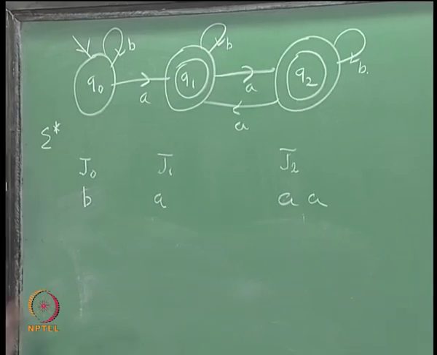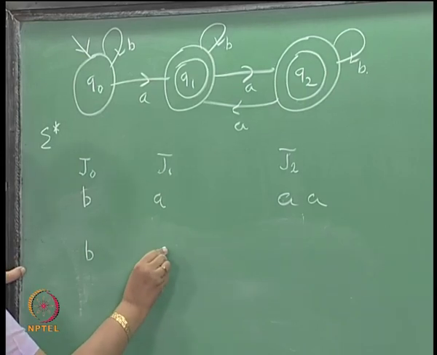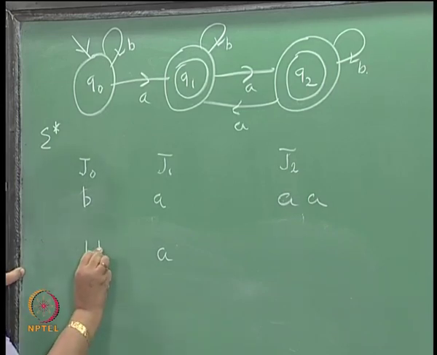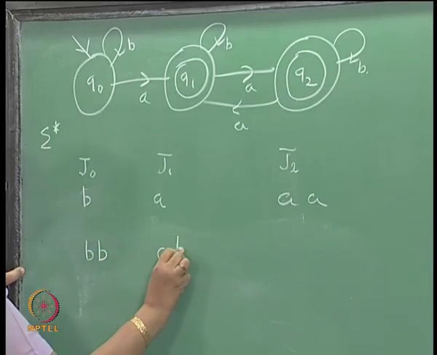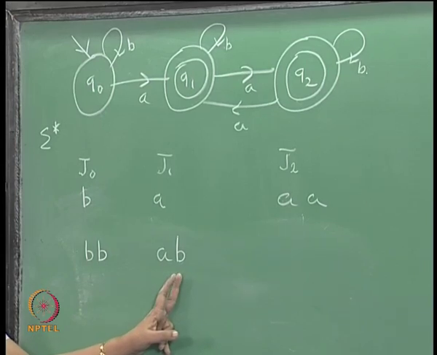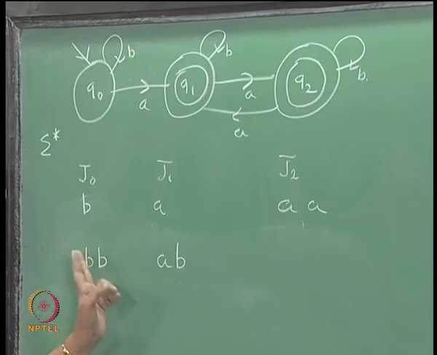Now, if you take a string from here and a string from here, say for example B and A, you follow it by B. BB is not in L but AB is in L, right. So, they are not related by RL.